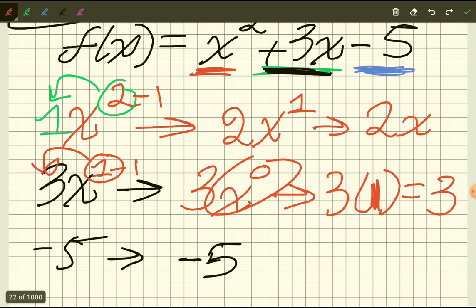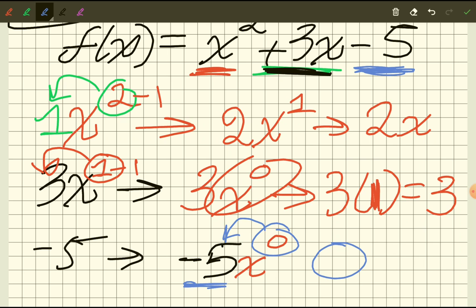Okay. Now that we have that, we're going to follow the power rule exactly like we've been doing. Multiplying the exponent with the coefficient and then subtracting 1 from the original exponent. So just like normal, let's just pretend everything's normal. 0 times negative 5. Isn't that 0? So let's just keep going, just for fun.